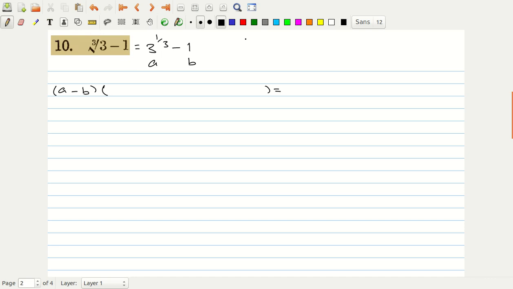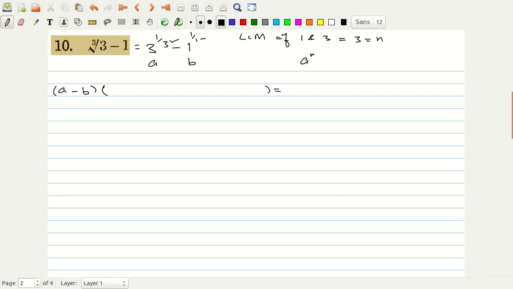So what is the LCM of the denominators? 1 can be written as 1 to the power 1 by 1. So what is the LCM of 1 and 3? LCM of 1 and 3 is equal to 3, and let us say that this is equal to n. So what is a to the power n?